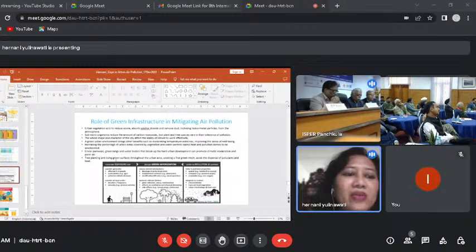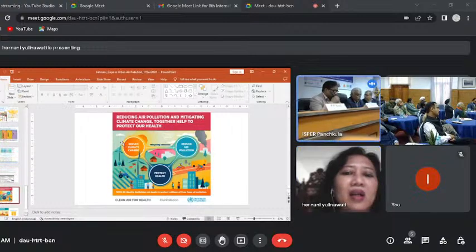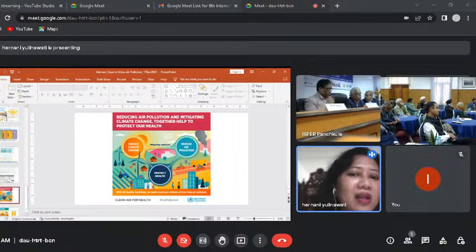And we try, as said earlier, to integrate with the climate change planning, to better protect the environmental health of the people.